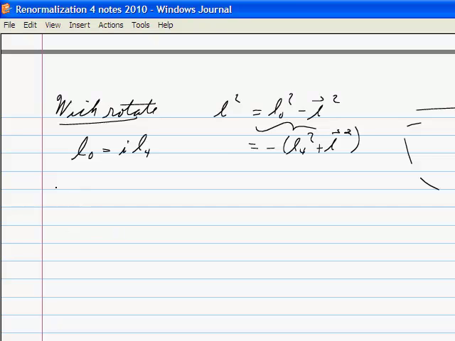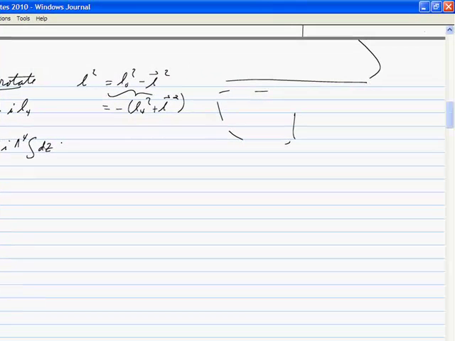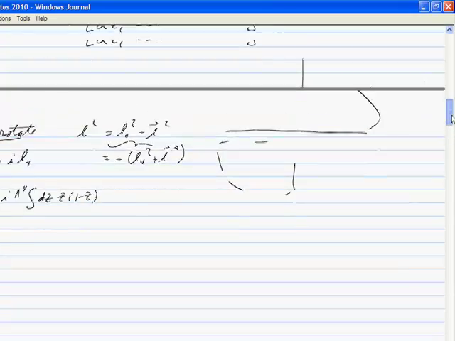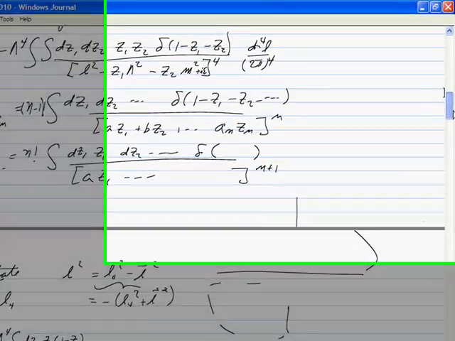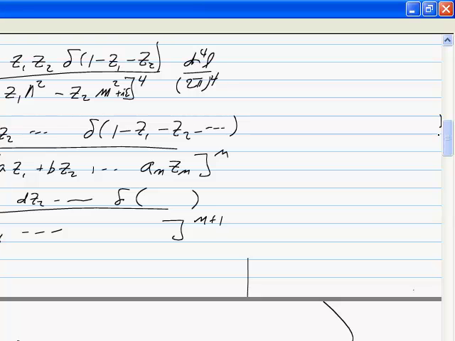So if you Wick rotate this integral I of 0, it turns into minus i lambda to the 4th integral dz z (1 minus z). Okay, what I've done at that step here is in this Feynman parameterization, I do the integral over z2, so it becomes z, and z2 is 1 minus z1.